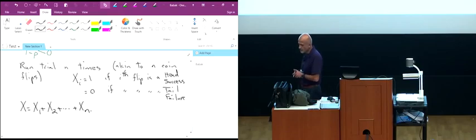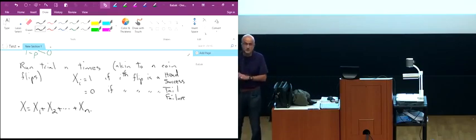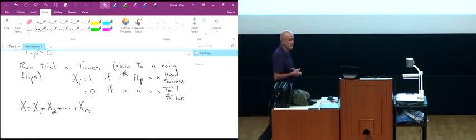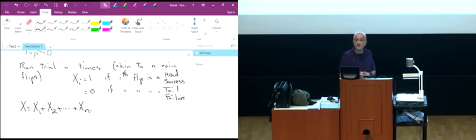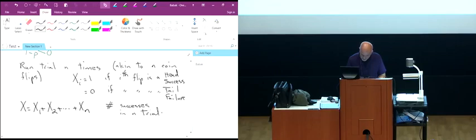What does this new random variable x represent? The number of successes in n trials.